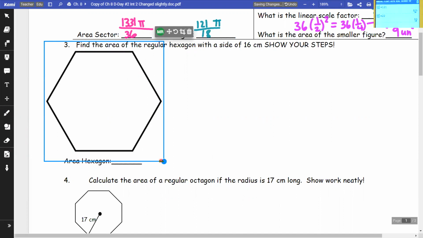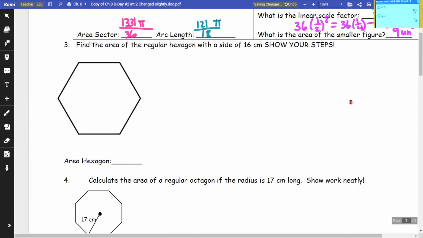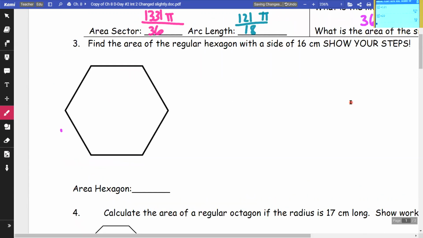So I have a regular hexagon. Okay. And what's going to be happening for this is all the sides are going to be 16. Okay, 16 all the way around. Now, what I am trying to find is the area.